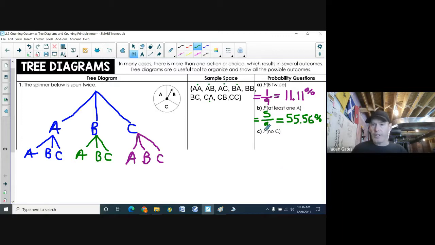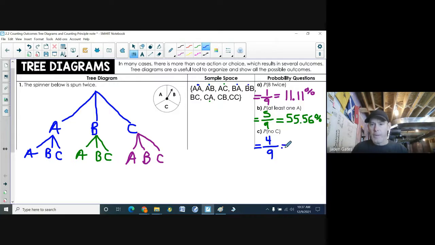Right, now C: what is the probability we get no C's? Okay, again there are 9 situations here. No C: there's 1, 2, 3, 4, and that's it. 4.